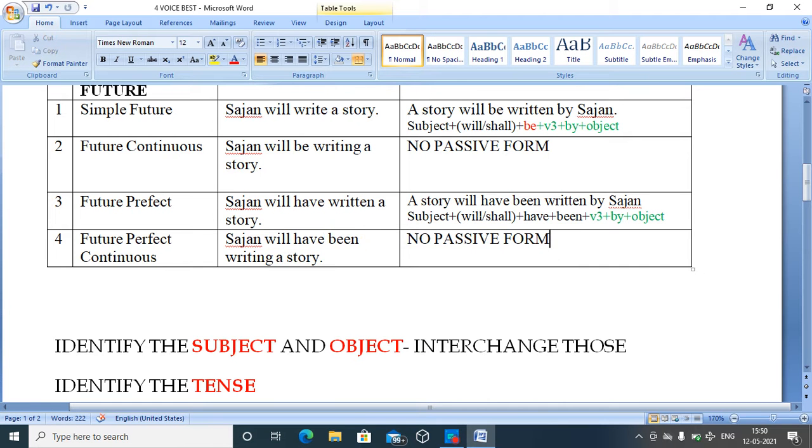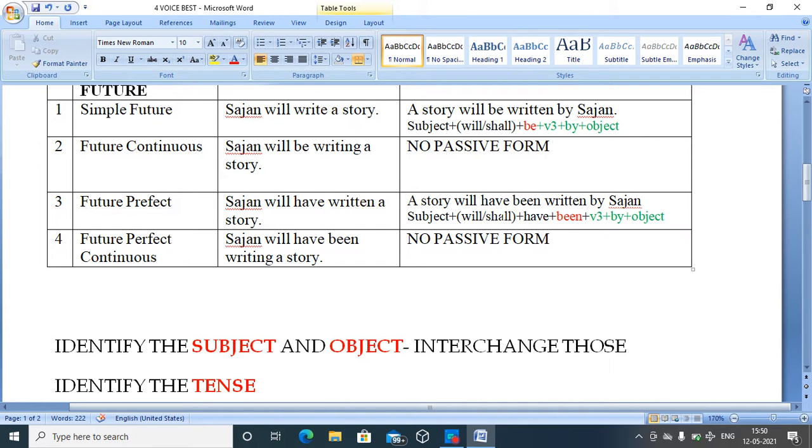In unison, this takes the complete helping verb form. But when you write down the construction of formation, you make it differentiated in this way. Otherwise, a story will have been. Already will have is there in the active form, so you need the additional support of an additional term. So you take that been as the additional form.